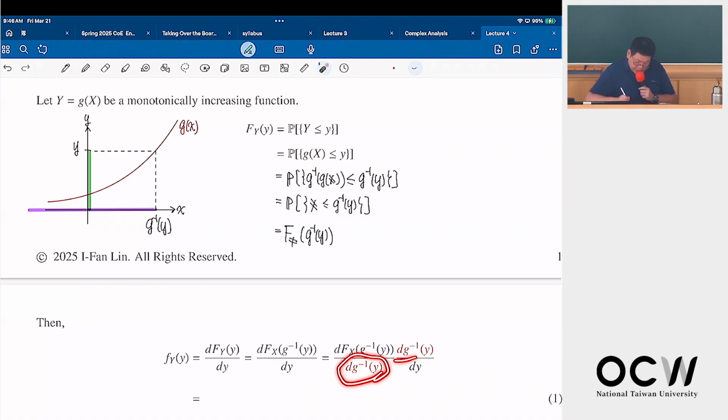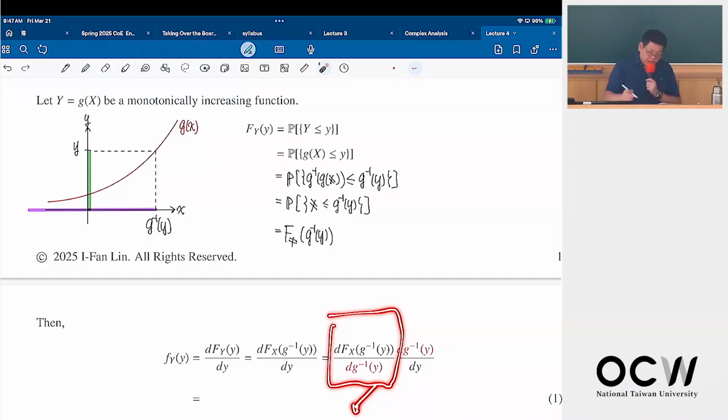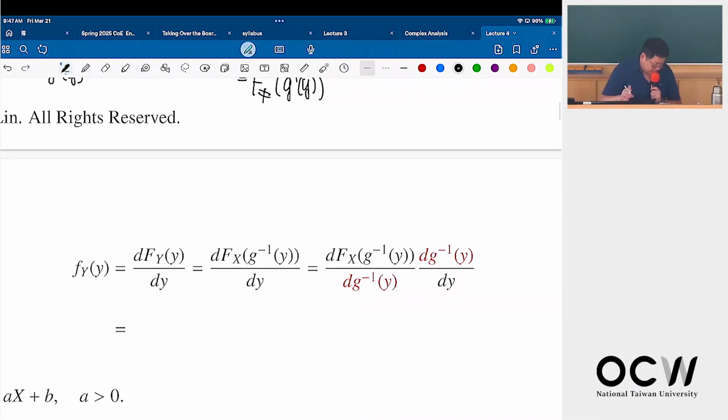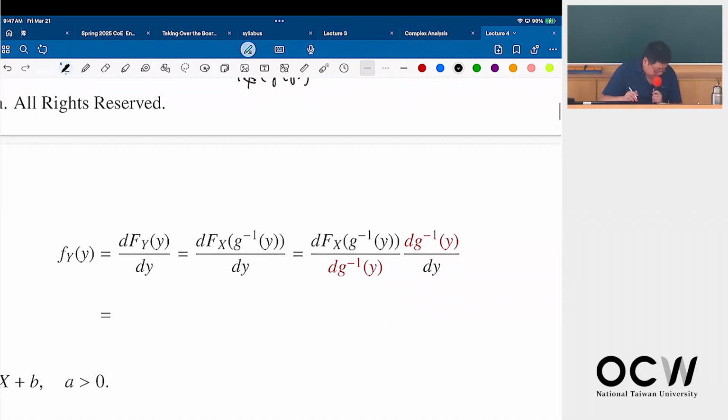For this chain rule, I divide by d g inverse of y, and that times d g inverse of y in the numerator. What is the first term? You can think about this is just like an x. Here is the x, right? Then the first term will be your PDF of x. So here is your PDF of x.